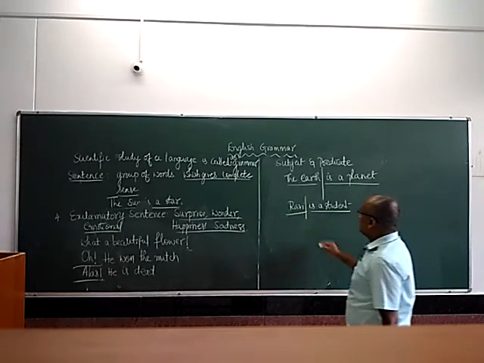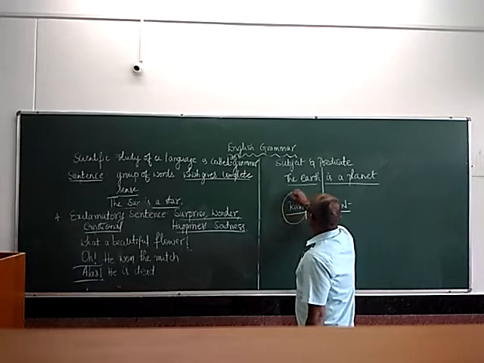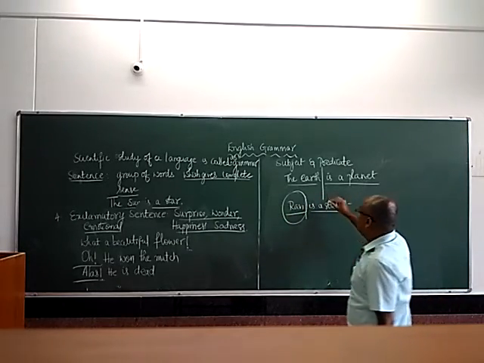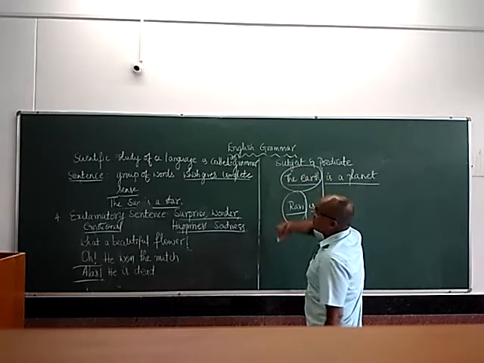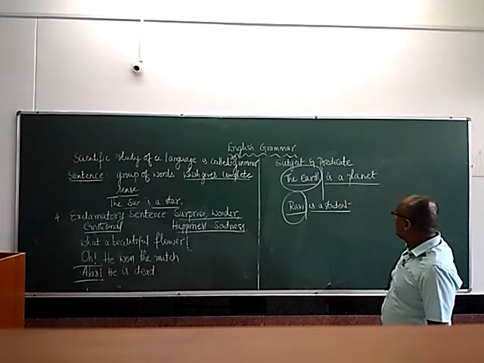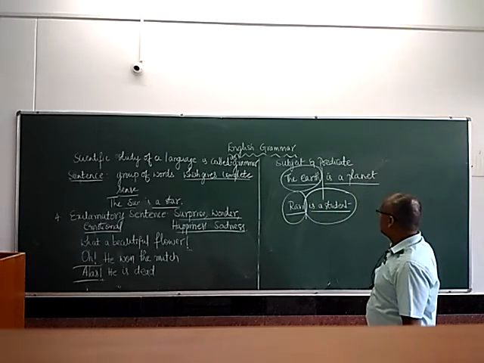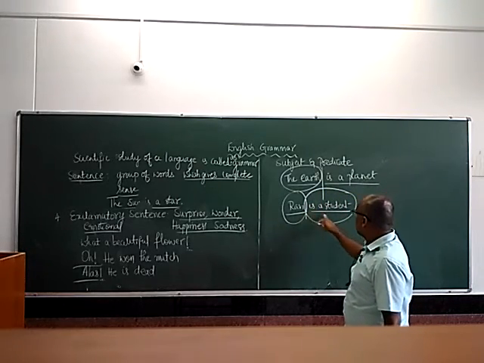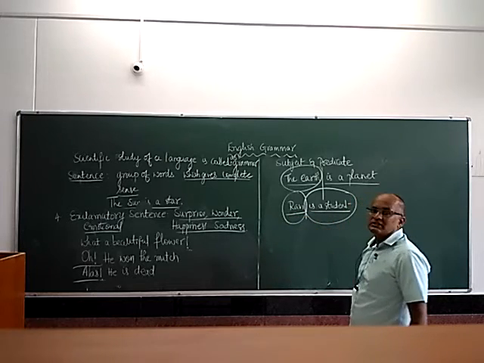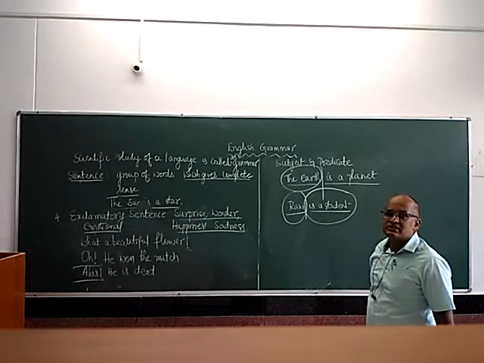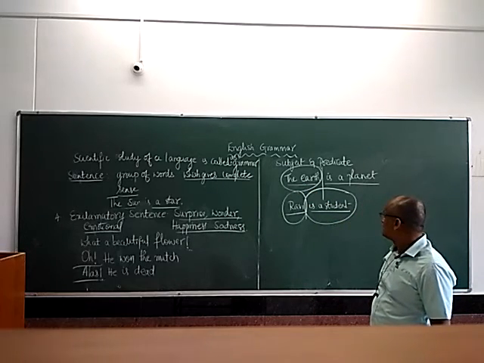Okay. Here, Ravi is a person. The earth is a thing. And what we are telling here is something about this person, something about this object or thing.